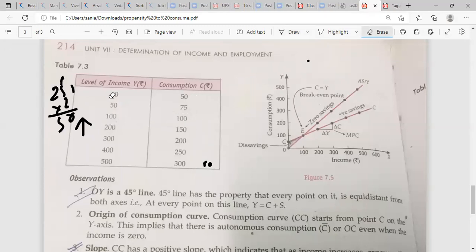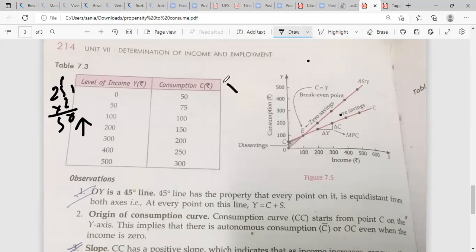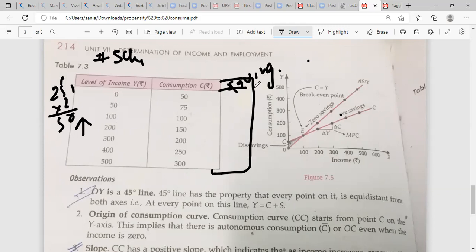So first of all, you people will be drawing this table, and you have to find savings on your own. Just write hashtag table, or you can write schedule, and draw income, consumption, and then the savings you have to find out on your own.